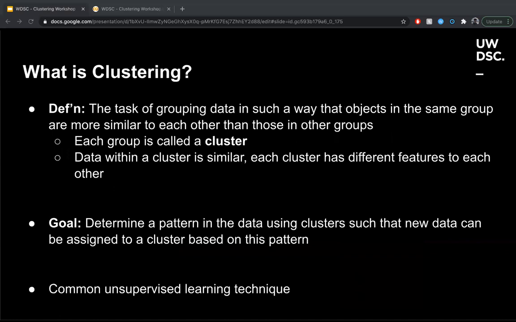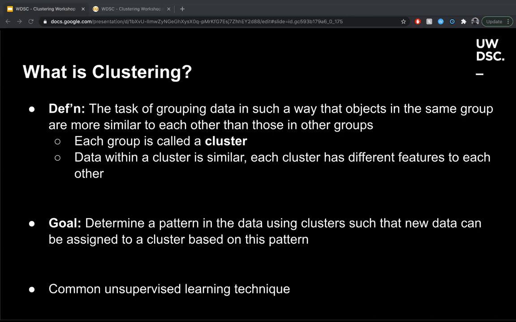So what is clustering? It's basically a way of grouping similar data. It's a synonym for groups, in which each data point within a cluster is similar to each other, and data between clusters tend to have different features.